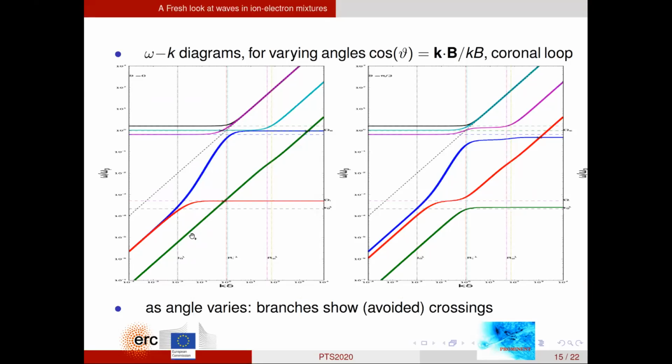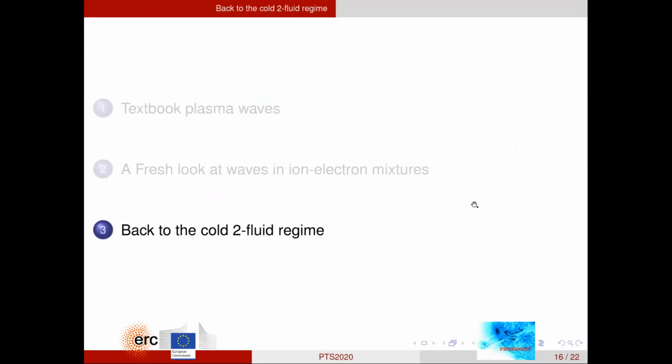And so you will see 6 waves, always like a green one, a red one, a blue one, and then a cyan, a purple, and a black. And so these are the electromagnetic waves. Here in this bottom left corner, you'll find the non-dispersive variants of the MHD waves. And so you see how, if we change the angle, some of these curves suddenly show crossings, avoided crossings.